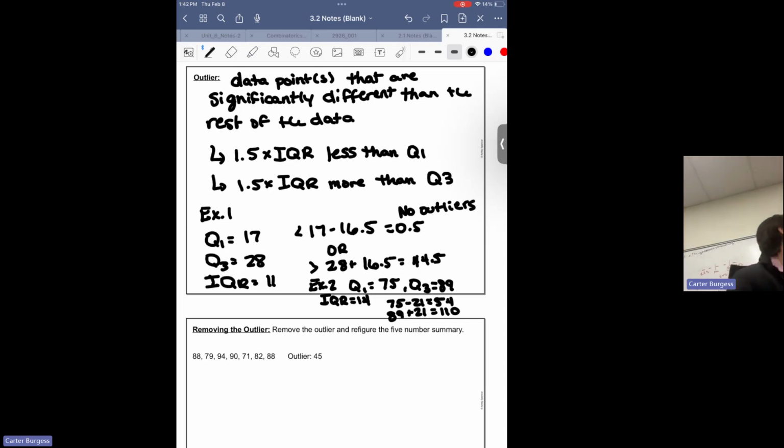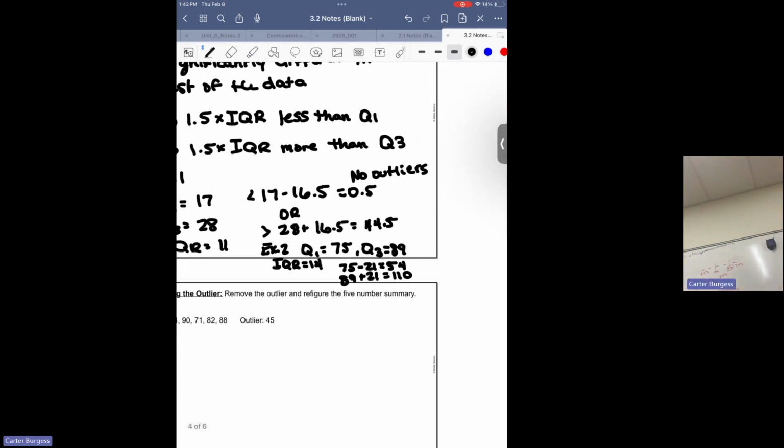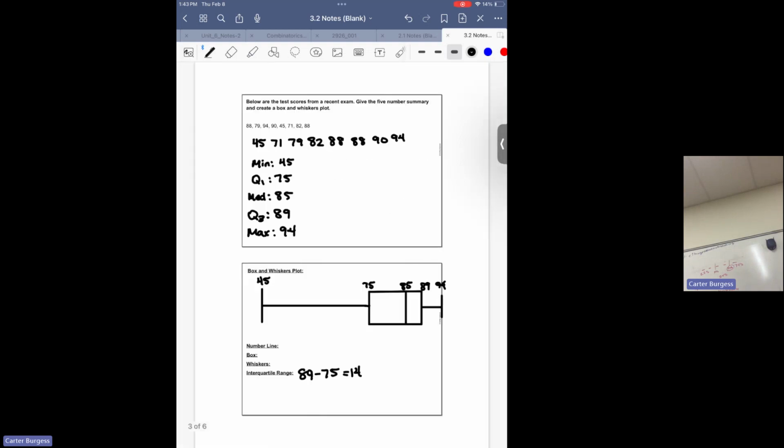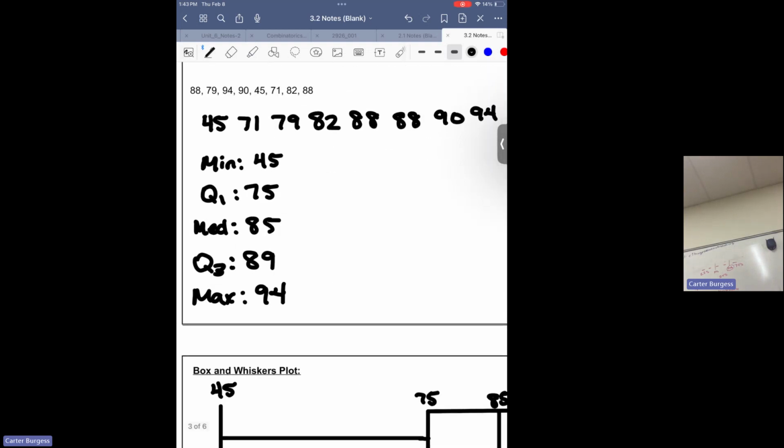Did we have any outliers, anything less than 54 or anything more than 110? Yes, what did we have? 45. So 45 is an outlier. Q1 from this example that we did here was 75.